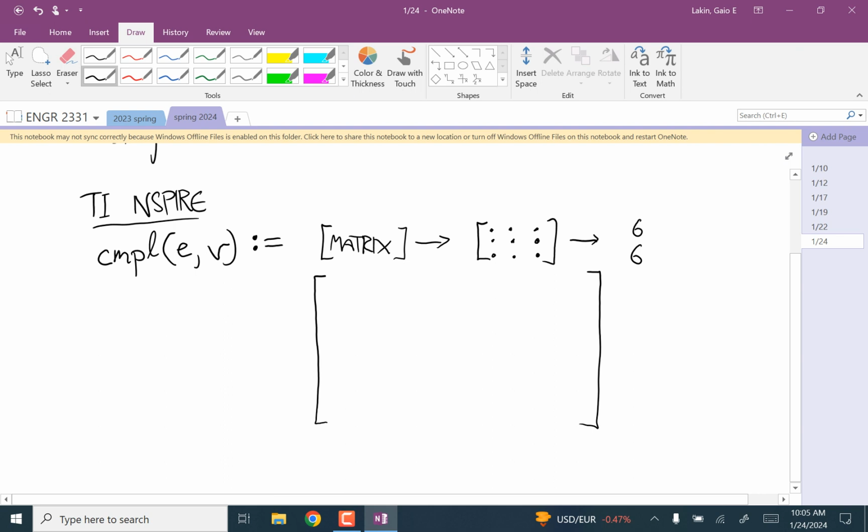And you're just going to enter in 1 over E, negative V over E, negative V over E, 0, 0, 0. Then negative V over E, 1 over E, negative V over E, 0, 0, 0.